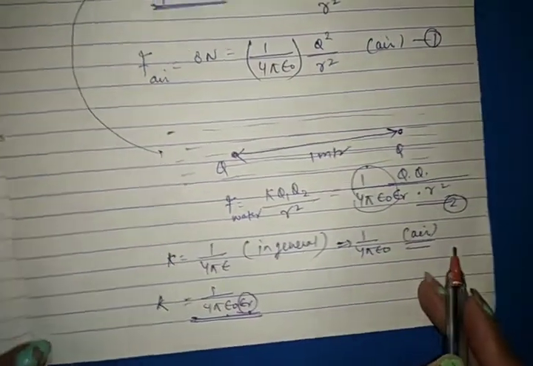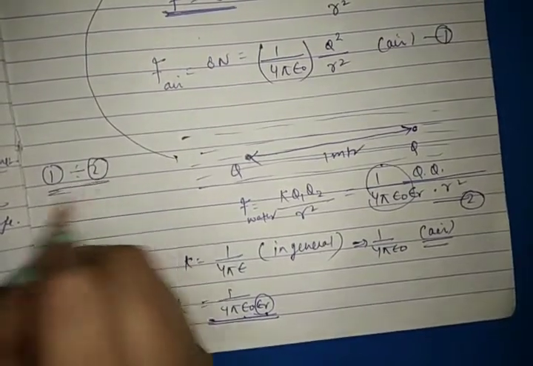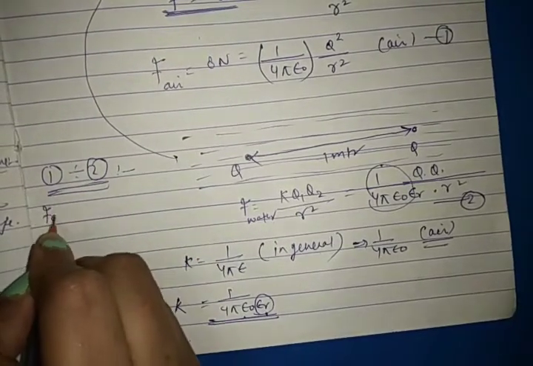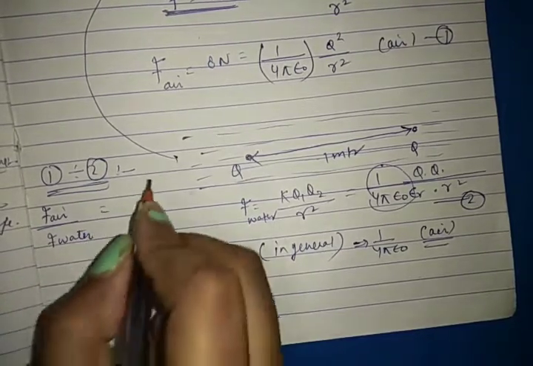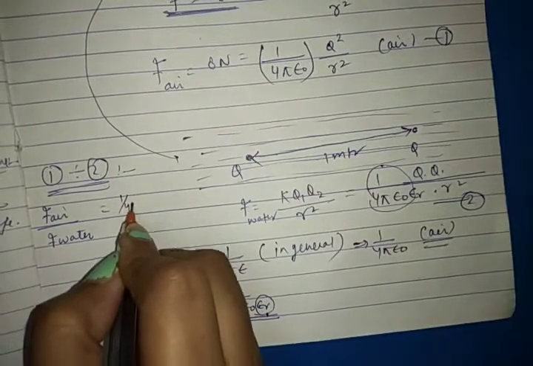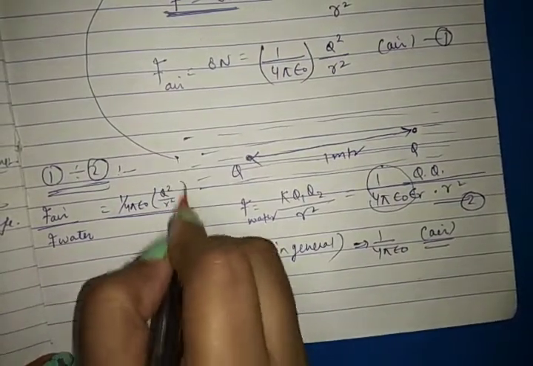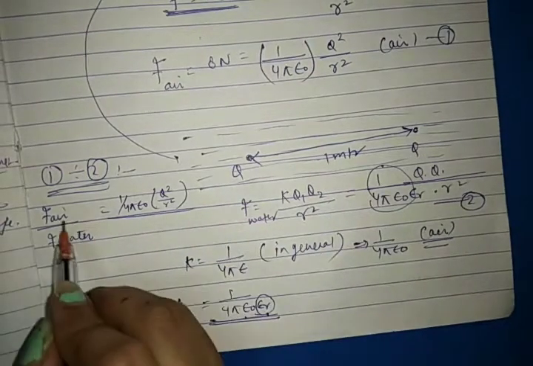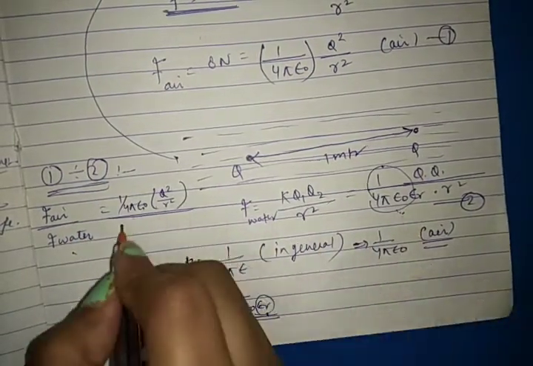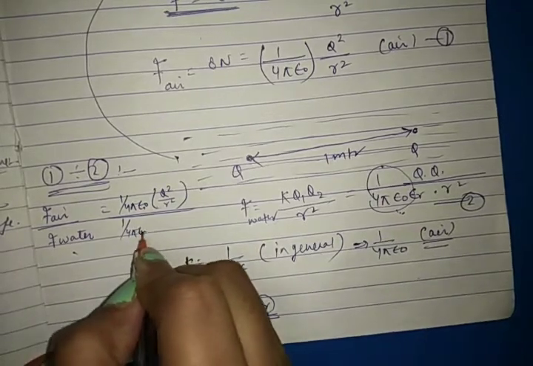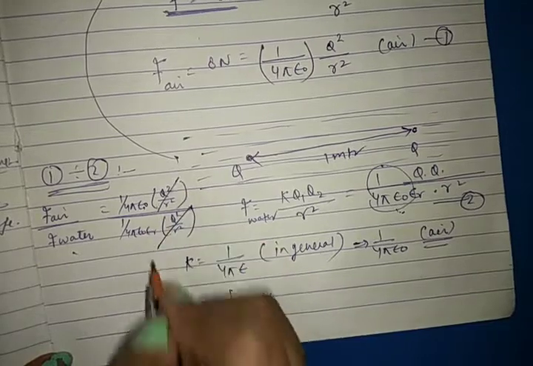Now divide equation 1 and 2. Equation number 1 will be F air upon F water. That will become K, which is 1 upon 4 pi epsilon naught, Q square upon R square from equation number 1. F air is this. F water is 1 upon 4 pi epsilon naught epsilon r Q square upon R square. This will get cancelled.